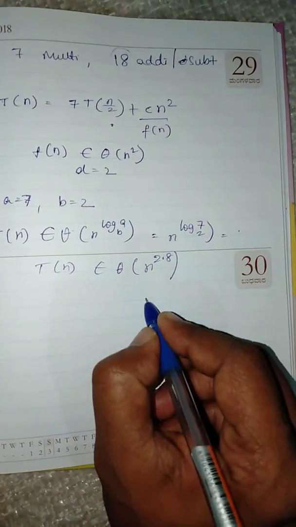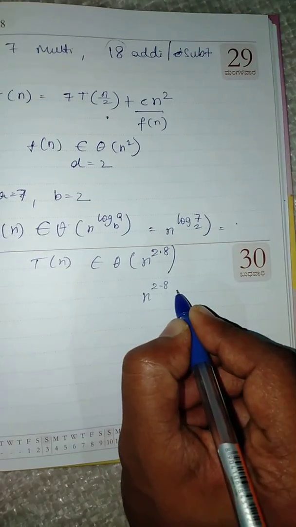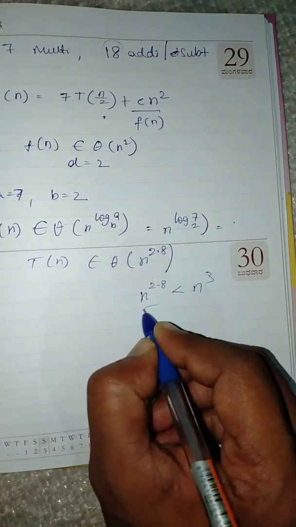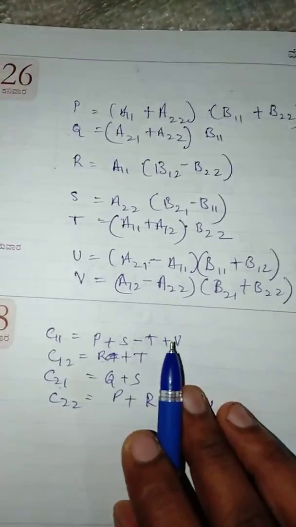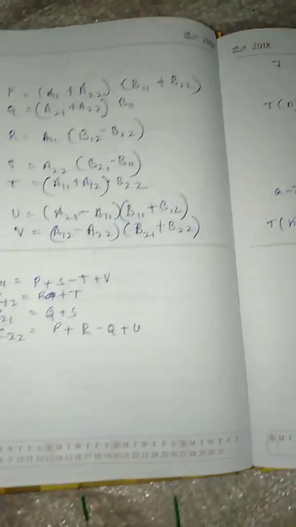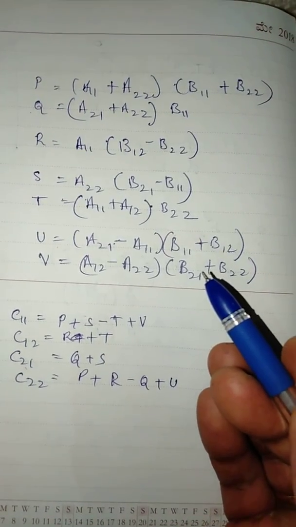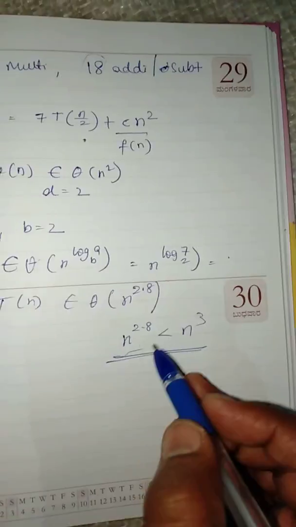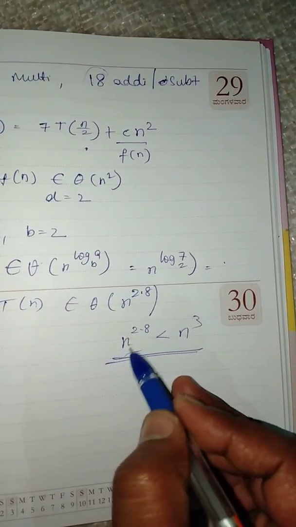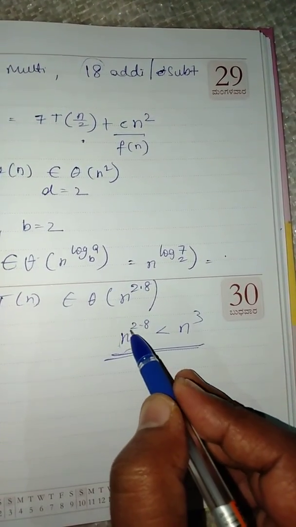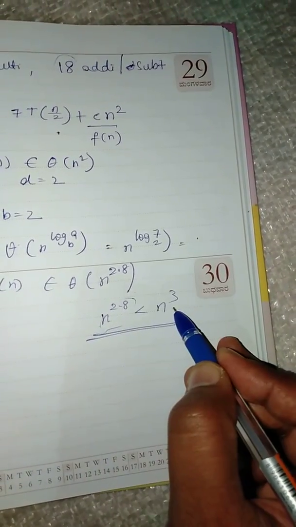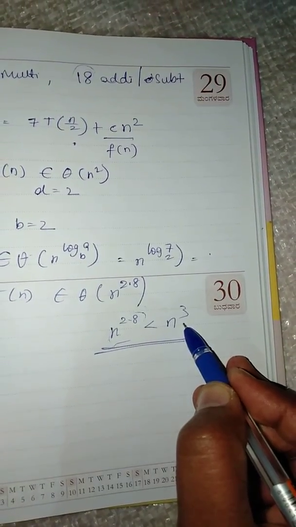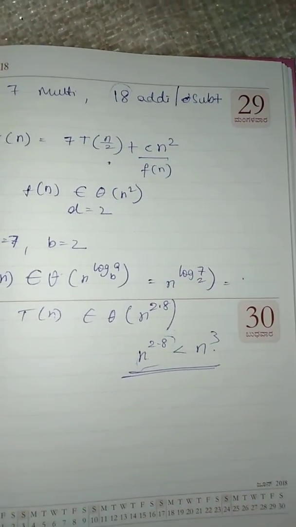Obviously n to the power 2.8 is less than n cube, right? When the order of matrices is very small, like 2 and 4, it does not make much difference, but when the order of the matrix is higher, then n to the power 2.8 will be a much smaller value compared to n cube, and this is Strassen's matrix multiplication.